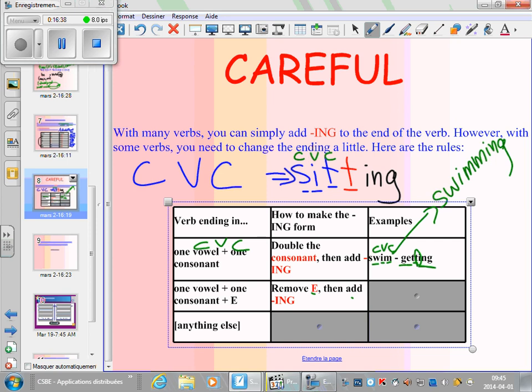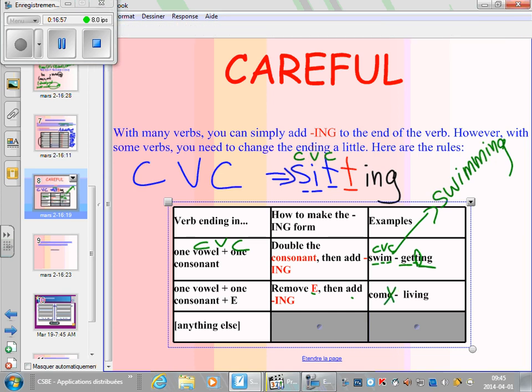Puis ensuite ajouter ing. Right? We never see a verb with an E at the end and ing. It would sound weird. As an example, we have come. What I did is that I took the E away, and then I just wrote ing. Same thing for live. I removed the E, and I just wrote ing again.